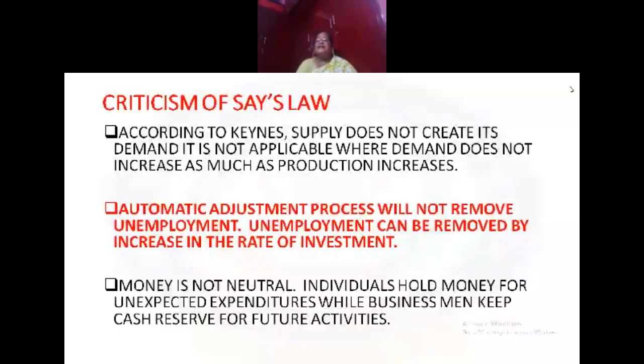Yes, transaction motive, speculative motive, and what is the other one? Three: transaction, speculative, and anyone can give.